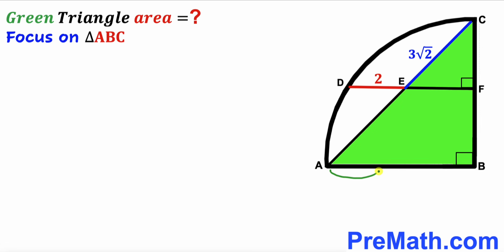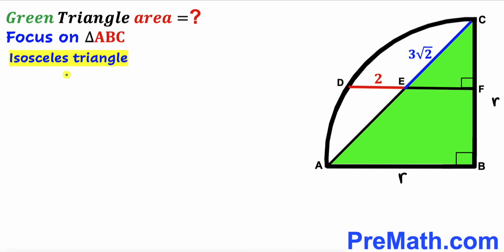We can see that this AB is the radius of this quarter circle. So I'm going to label this one as lowercase r. Then this side BC is going to be the radius lowercase r as well of this very same quarter circle.